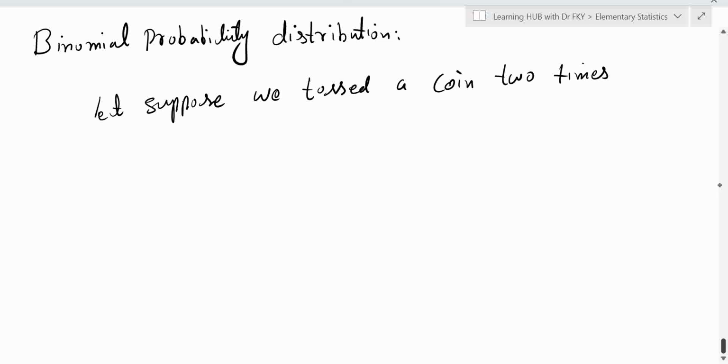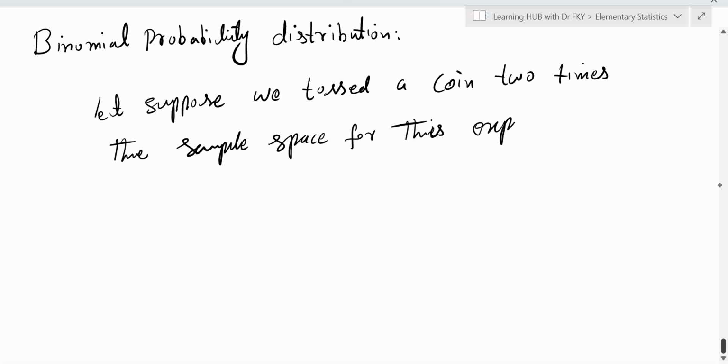This means that the sample space for this experiment will be S. The first outcome: the first coin may be head, and the second coin may also be head.